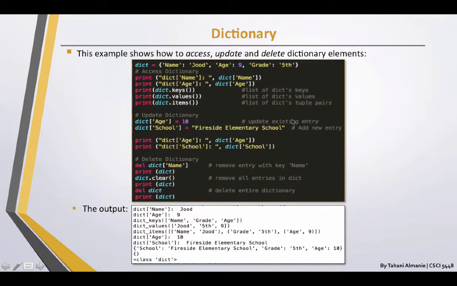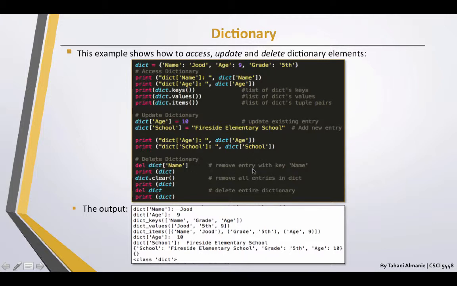To update an existing entry, use an assignment for any existing key, and to add a new entry, simply add a new key with its value. So this will add this element to the dictionary.